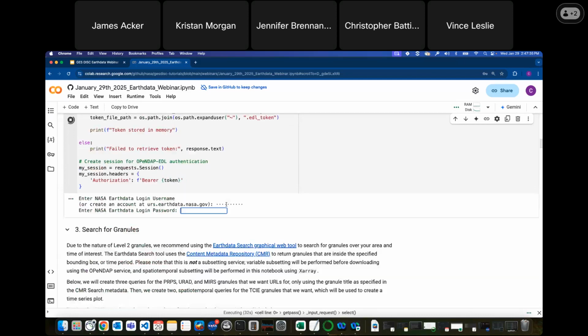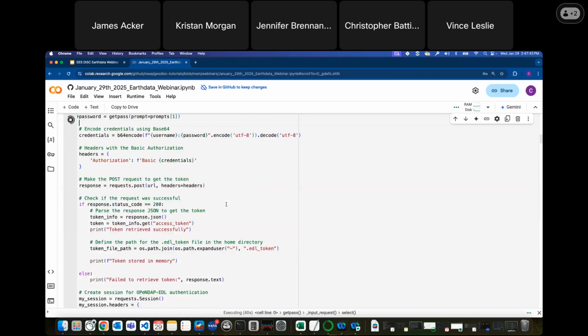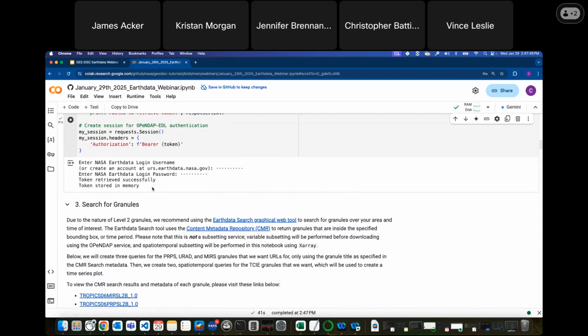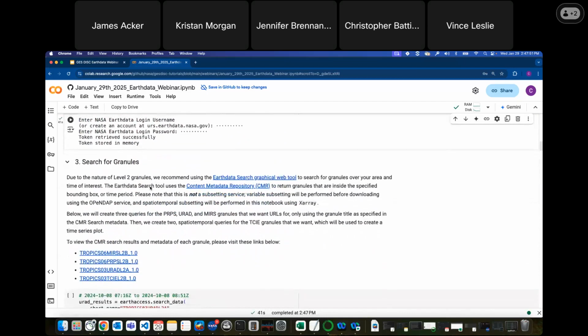So let me type in my username and password. A bit of a typo there. And when I run that, I see that I retrieve my token successfully and I store it in memory. That will be wiped when this session is ended.